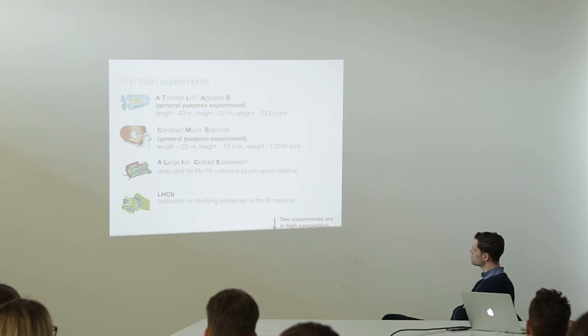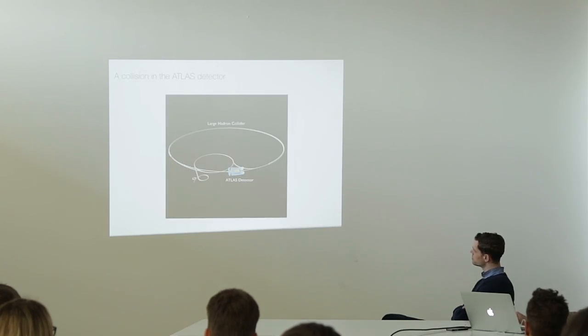It has a length of about 40 meters and a height of about 22 meters and weighs 7,000 tons. This is actually quite light compared to our, let's say, brother or sister experiment called CMS, which is a bit smaller, as you can see in the dimensions afterwards, but has almost double the weight. It's like 12,500 tons.